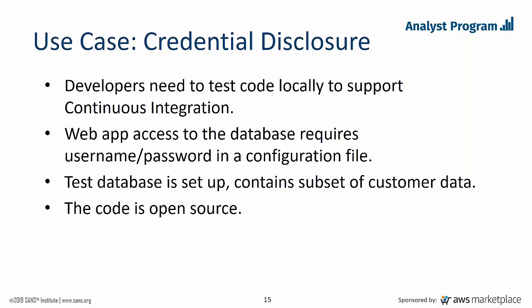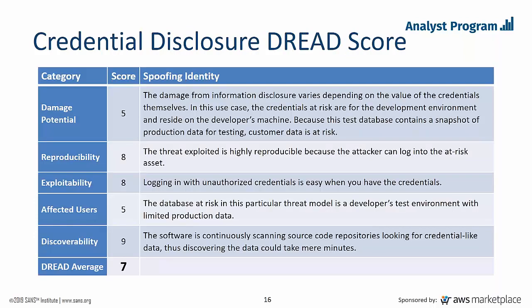So let's look at the DREAD score for this. I put the damage potential as high. I kind of took into account that it is a test database. And it has a snapshot, so some of the data might be old. Maybe you are obfuscating some of the important customer data, but the damage is fairly high because they'll have access to the database. I mean, they have the connection file.